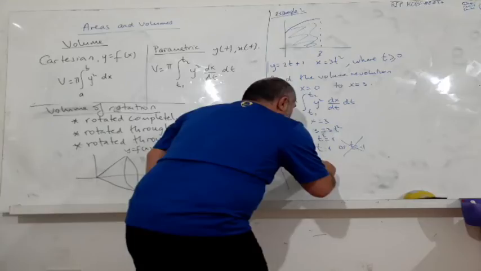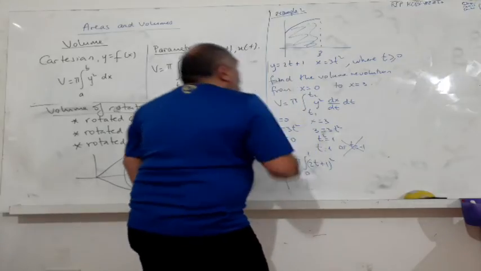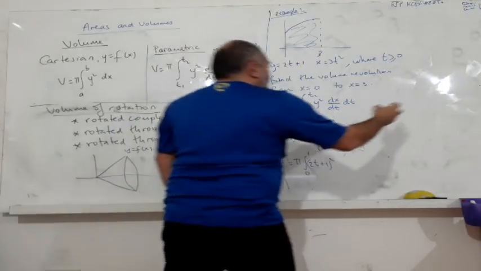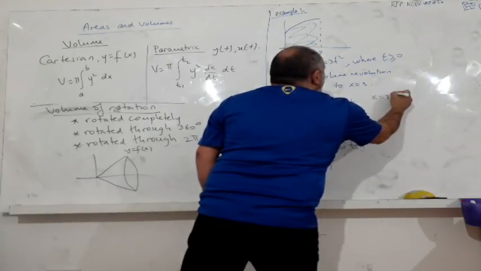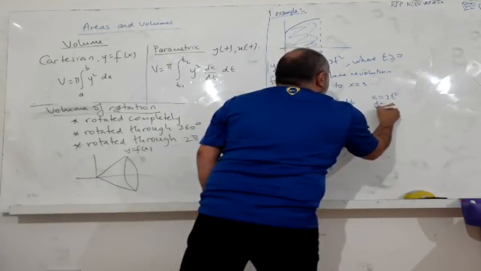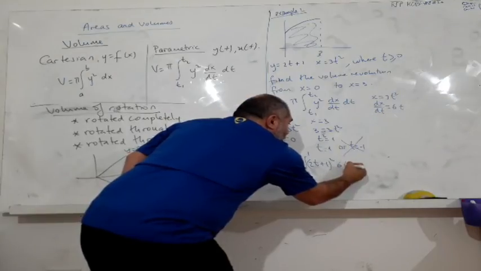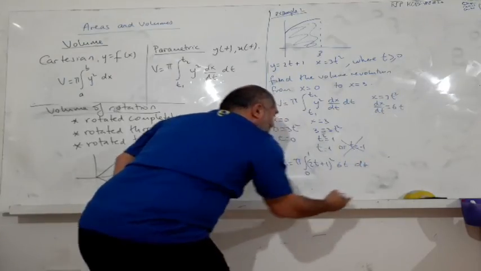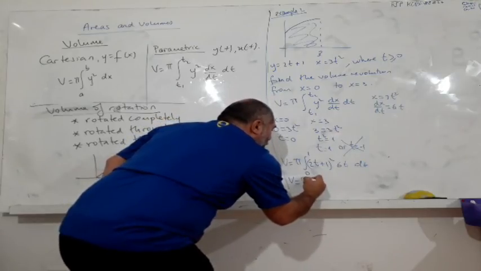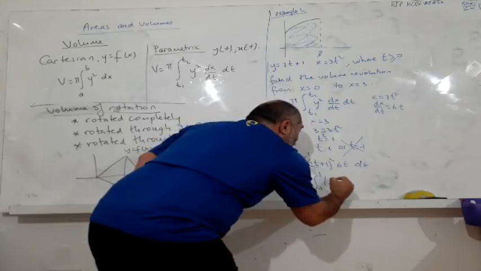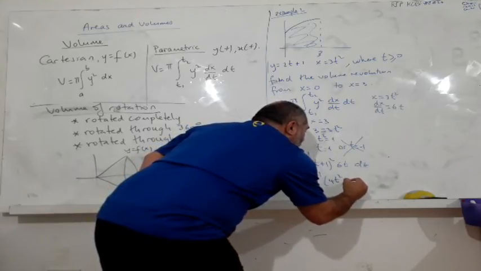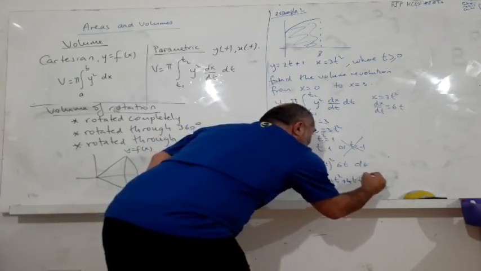When x is equal to 3t squared, dx over dt is 6t, dt. So volume is going to be pi times the integral from 0 to 1 of 4t squared plus 4t plus 1, the expanded form of that, times 6t dt.